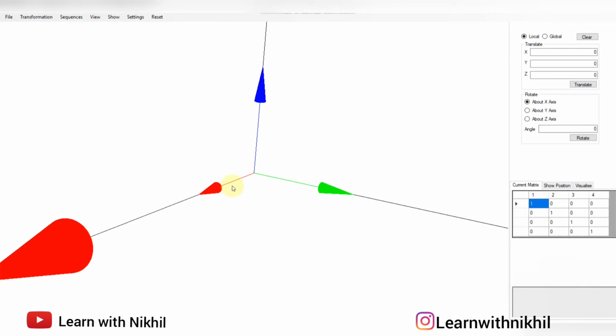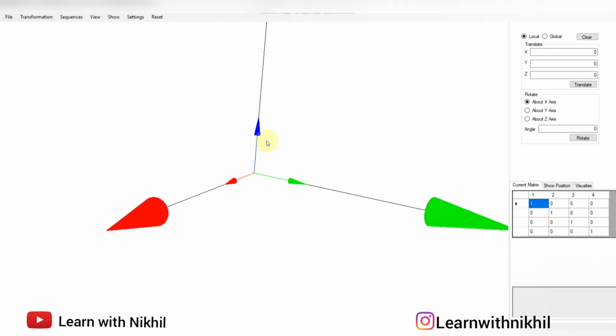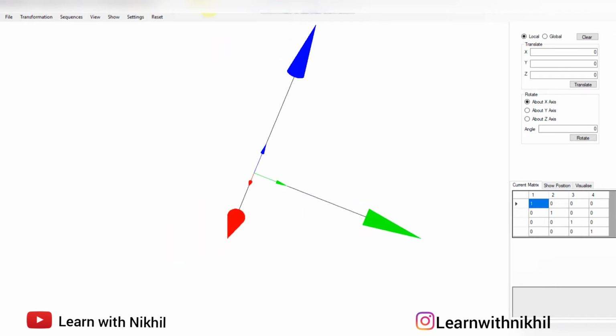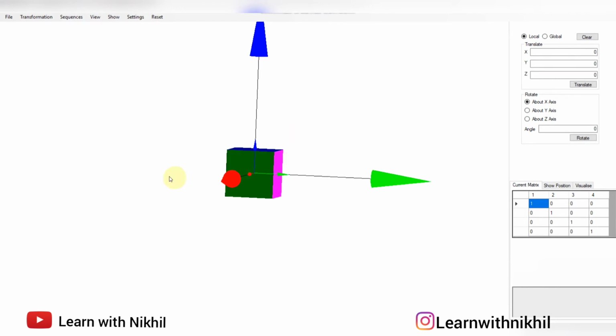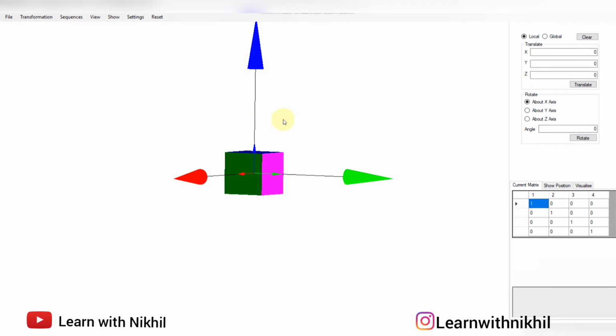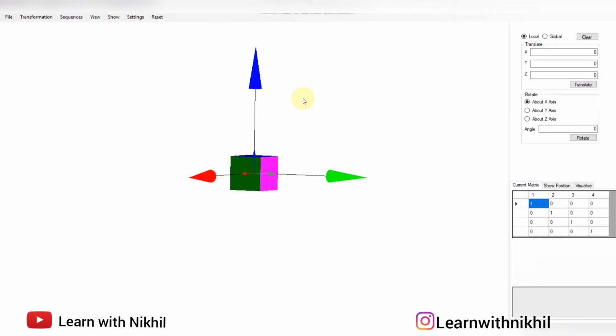So right now this X is parallel to this X, so this Y is parallel to this Y, and this Z is parallel to this Z. Now here you can see you have this view, you have the show, you can convert this into cube. So the center mass of the cube is this point. Right now it is at the center. Now I'll show you the position first, then I'll show you the rotation or the orientation.